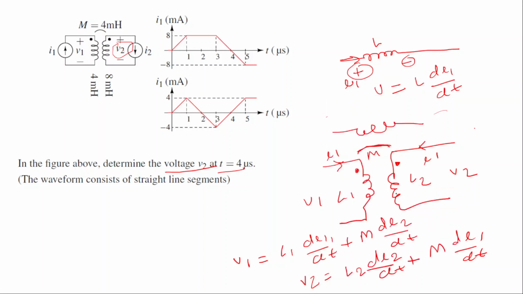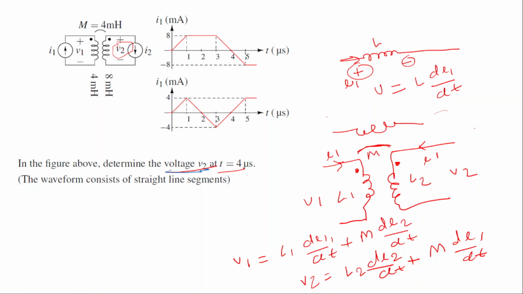Now that you have understood this, in this problem we are asked to calculate V2, the voltage at the secondary terminal at time t equals 4 microseconds. This is 4 microseconds.